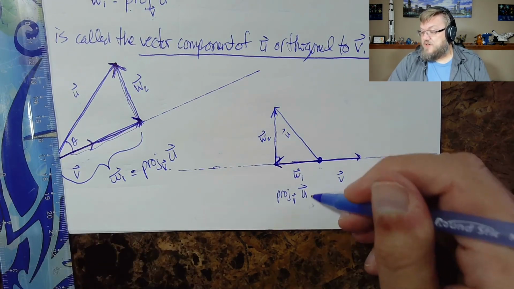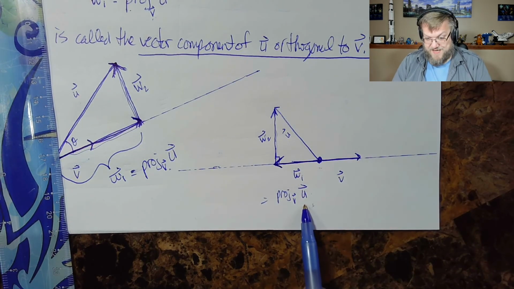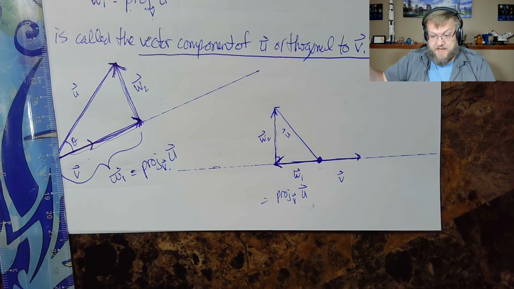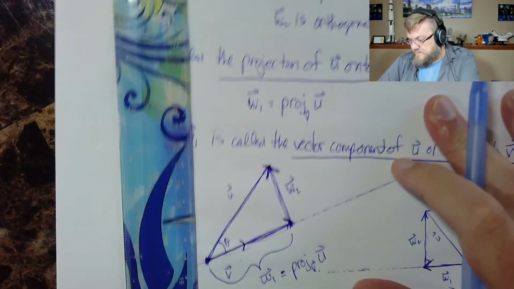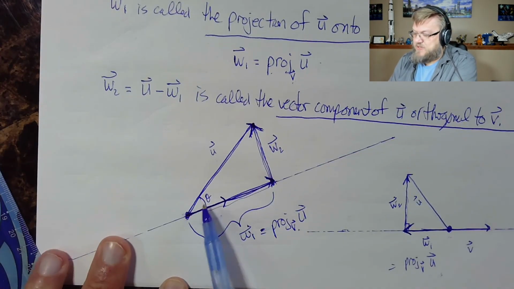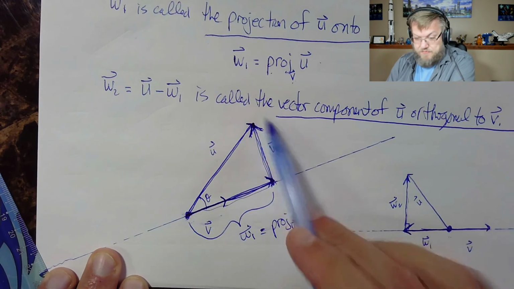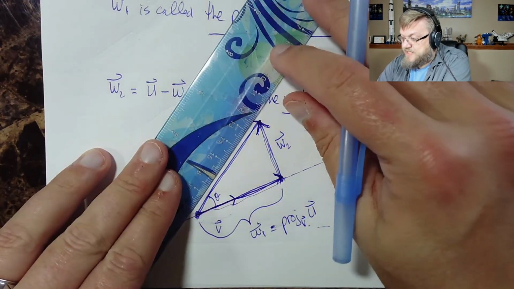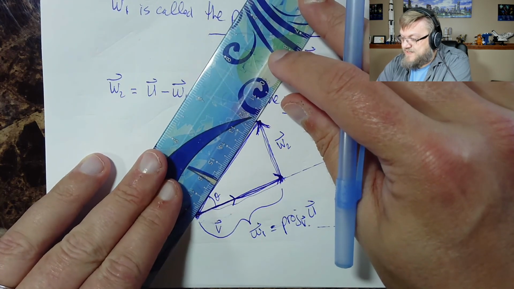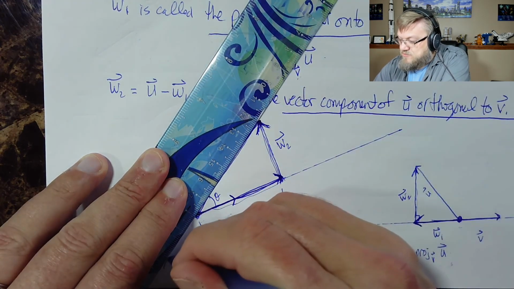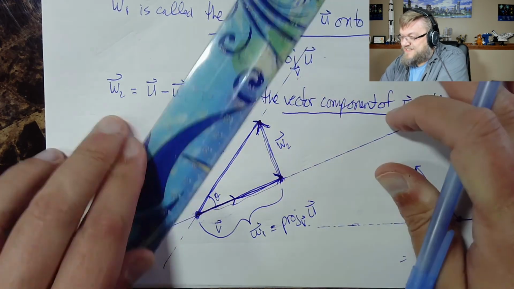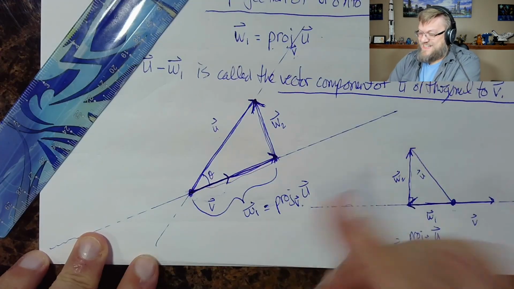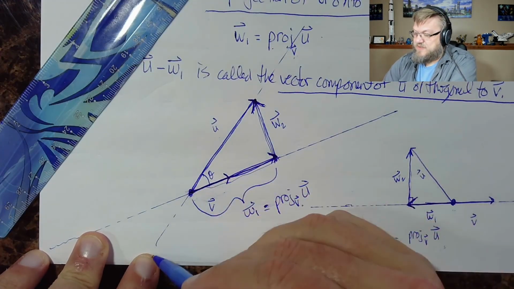It's very important also to keep the ordering correct. In other words, the projection of V onto U is not the same as the projection of U onto V. You can't switch those and have the same thing guaranteed, right? For instance, let's go back to this picture. If I wanted to project V onto U, well, now I have to draw the line that U is on. Number one way to screw up good pictures. Let's just draw more on it. And so now I have to project V onto this line.